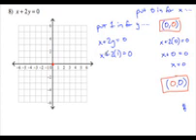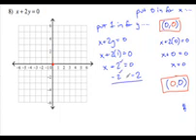With x plus 2 times 1, that would be x plus 2 equals 0. The opposite of plus is minus, so I minus 2 here and I minus 2 there. Those cancel out. 0 minus 2.